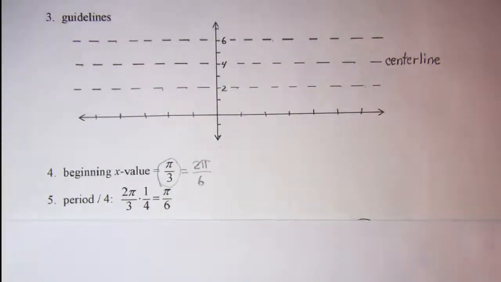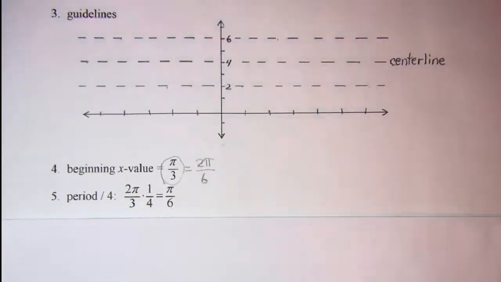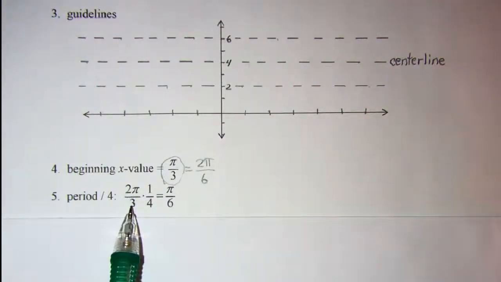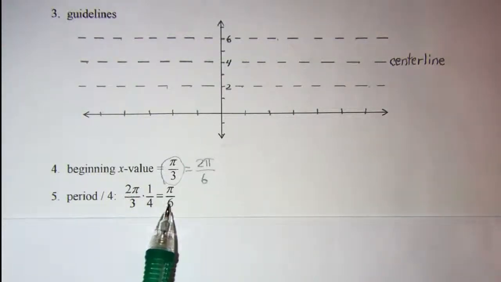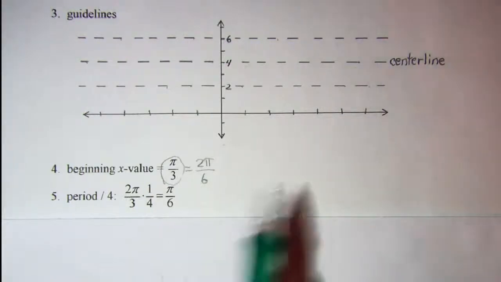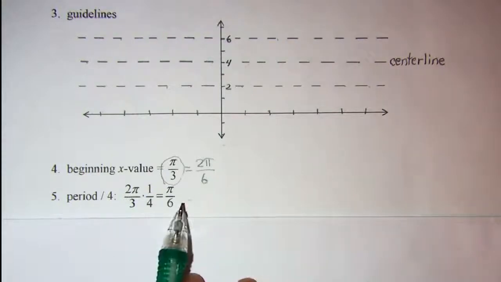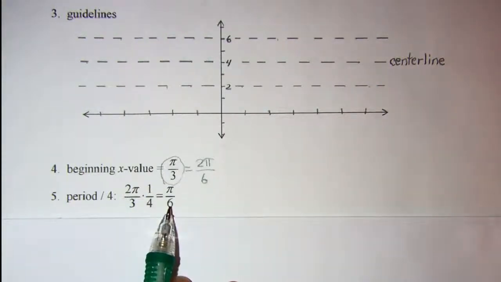When we take our period and divide it into 4 equal parts, my period is 2 pi over 3. Dividing by 4 is the same as multiplying by 1/4, and I get pi over 6. That means for each quadrant, they're going to measure pi over 6.